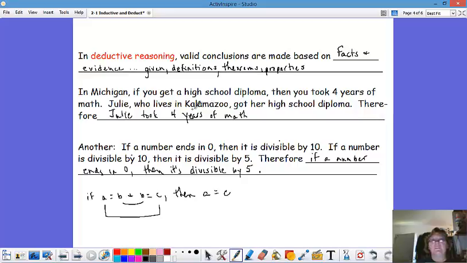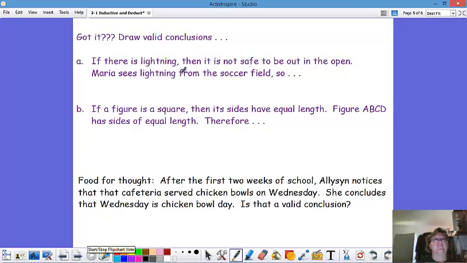Then anybody who lives in Michigan that has a diploma had to have taken 4 years of math. So they gave us a statement of fact, then they gave us an example, right? Here, there are two different kinds of logical thinking, but both using deduction. Very interesting stuff today. All right, let's go on.